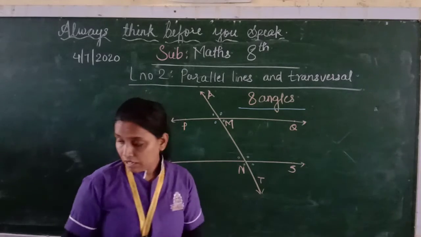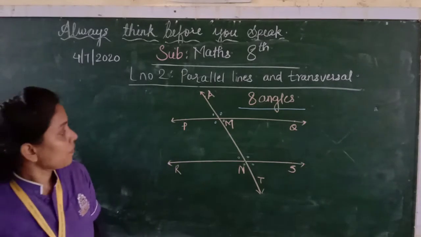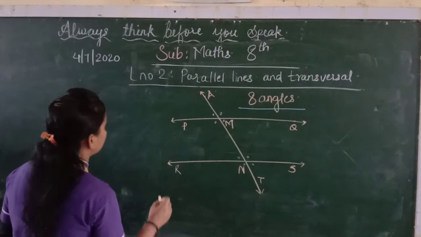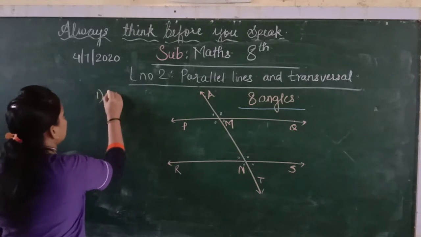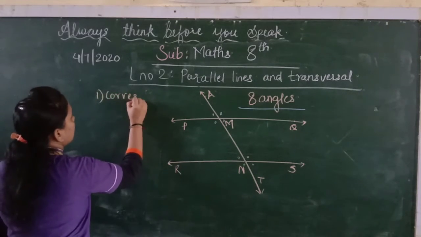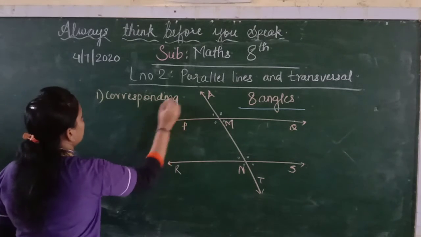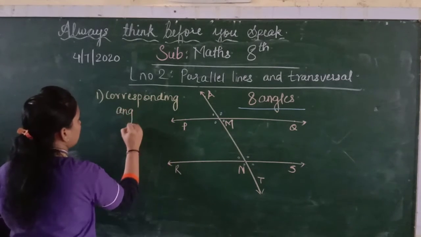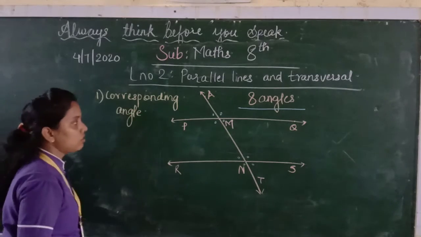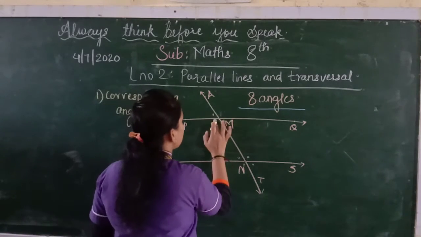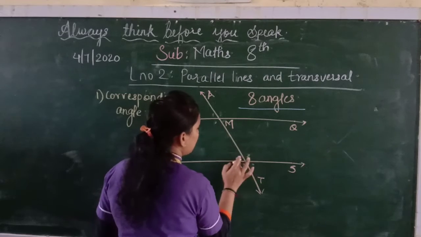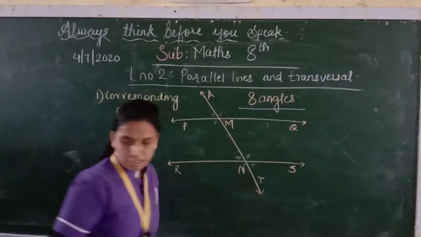Now the first type of angles we will see is corresponding angles. It's a pair of angles.